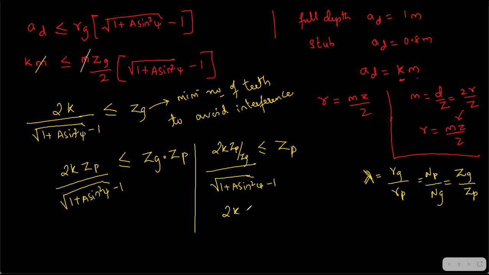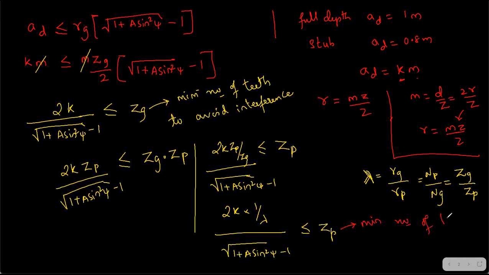So 1 by lambda. Done. You got the minimum number of teeth on pinion to avoid interference. I hope you understood.